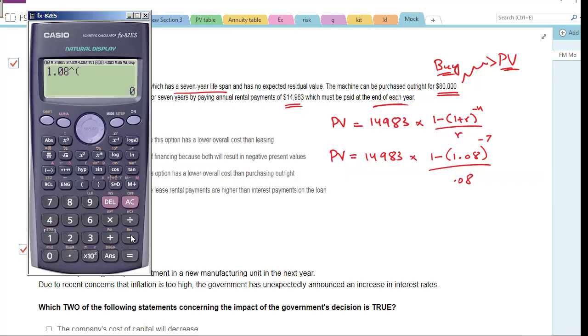That's 5.206. And you simply multiply it with this figure, 14,983. So that's 78,007.